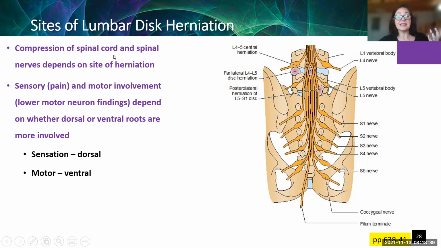So we can end up with a compression of the spinal cord itself, part of the central nervous system, but then it can be compressing the nerves that are coming off. What part of the nerve is being compressed determines whether the patient experiences pain. There are sensory neurons that are being affected, or just motor neurons.